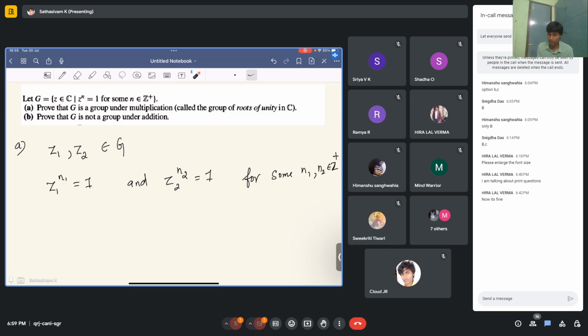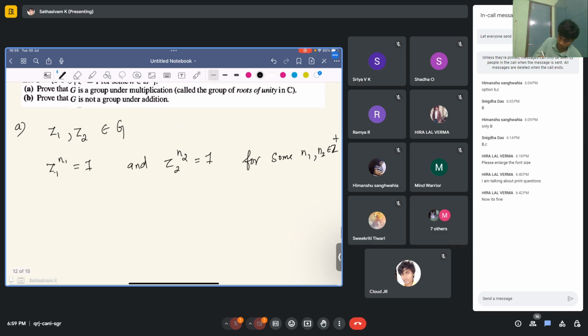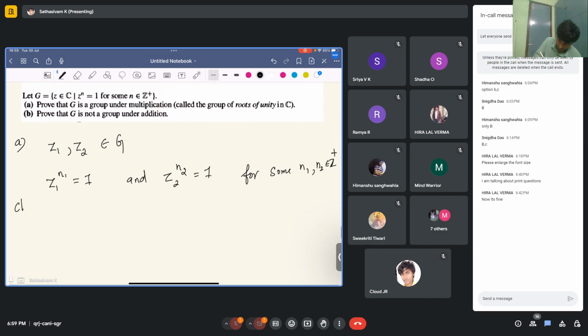So now from here, how do you prove the closure? Let's do it one by one. Let me first start with the closure. So how do you do the closure? For closure, what I have to prove is that Z1, Z2 power M is equal to 1 for some M. So this is my claim, right?